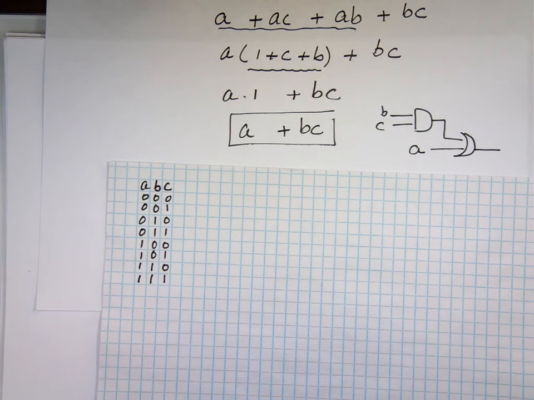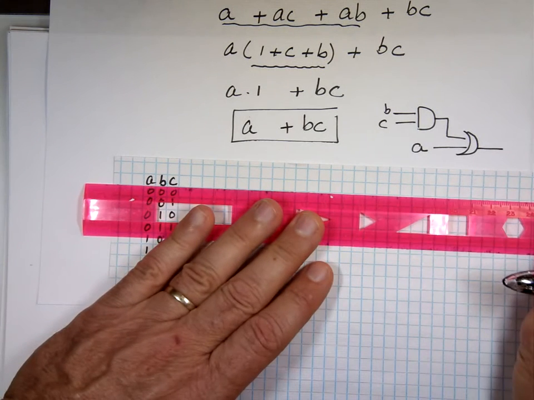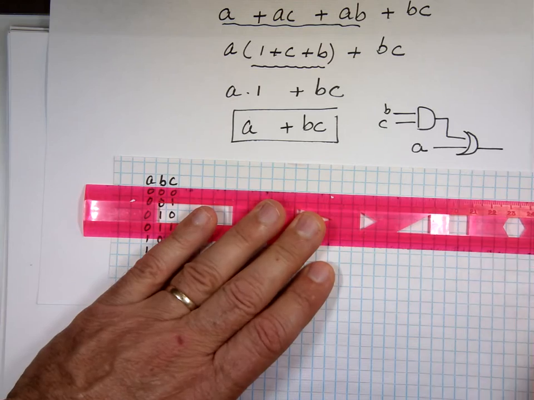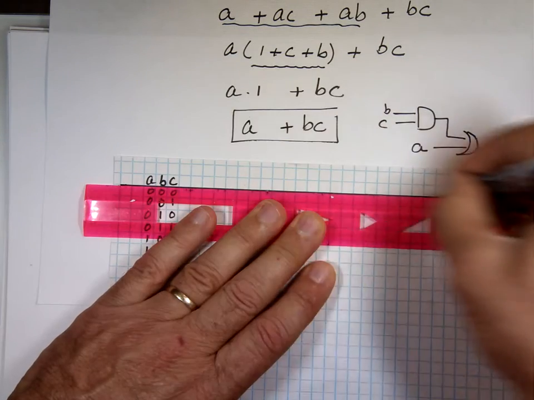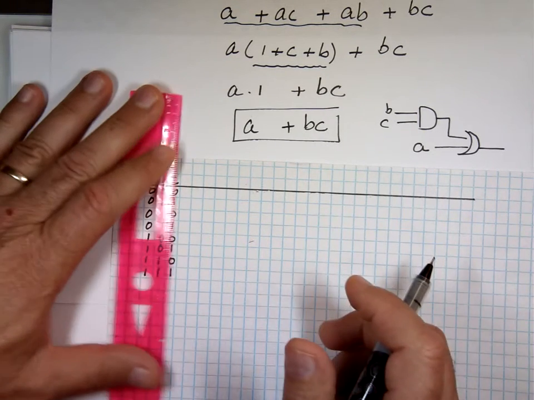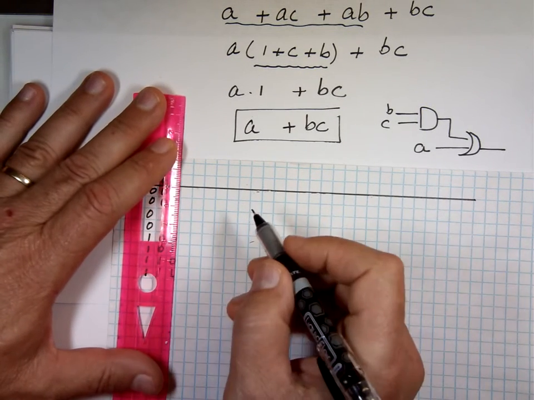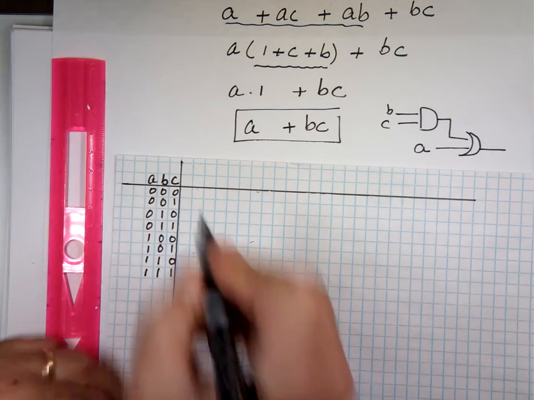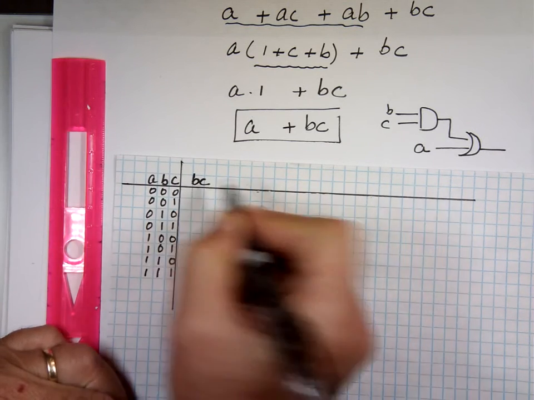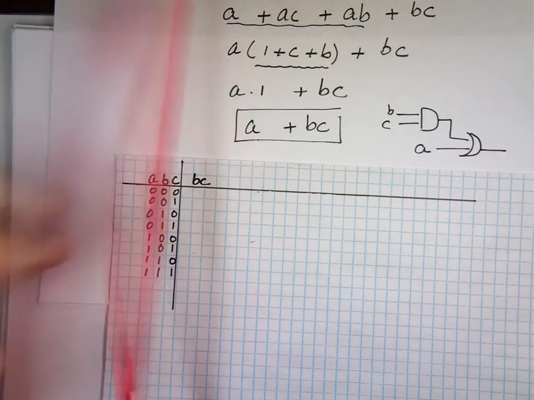Now let's see. I want to prove that A plus BC is equal to the one above it. So let me find out what A plus BC is. That means I need to find first what BC is. So let's find BC.